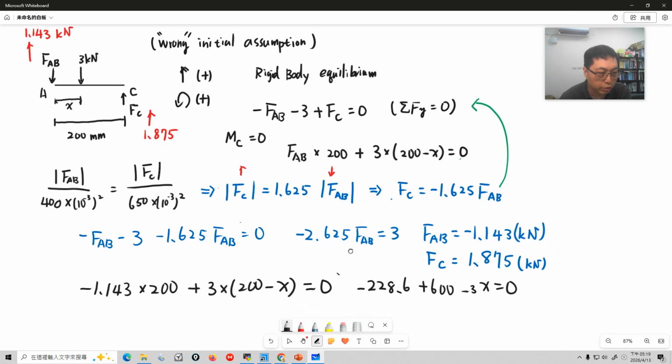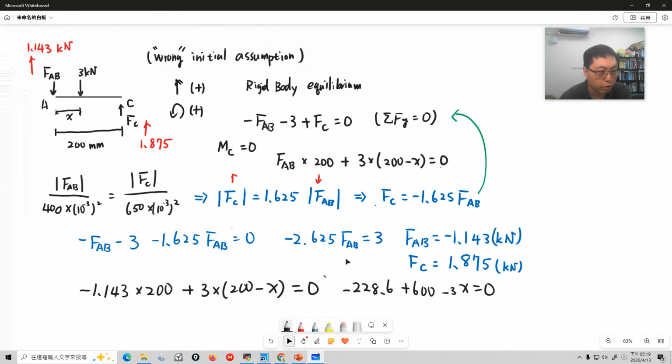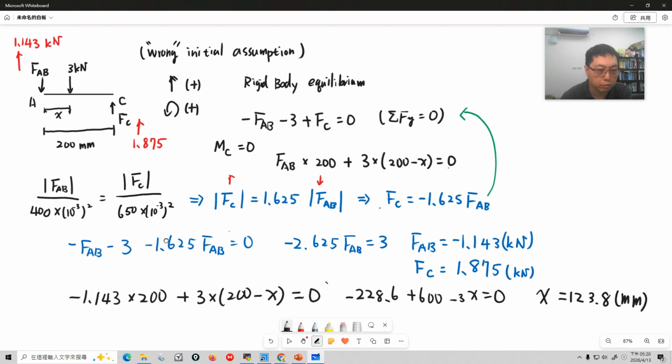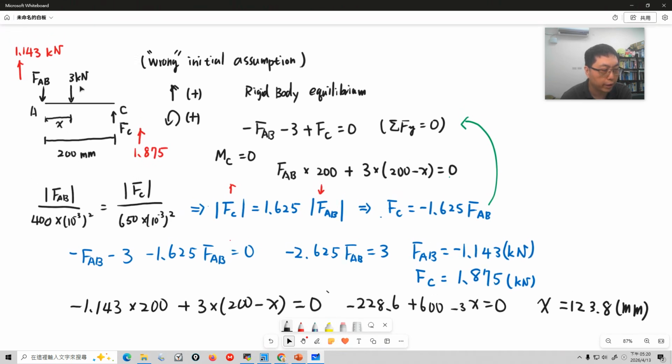The value of x is equal to 123.8, the unit is millimeter. Here the unit of length is millimeter and the force is kilonewton. So even if initially you made a wrong assumption of the direction of FAB, you still get the right answer.